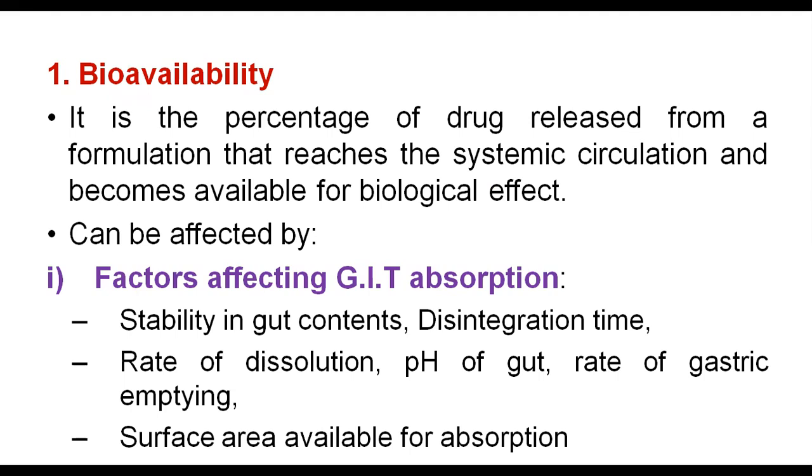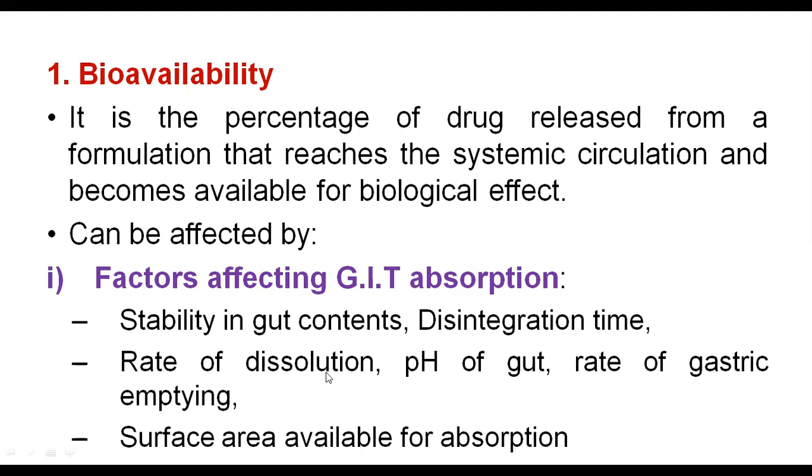Then a certain percentage will be released into systemic circulation in its active form, meaning that the amount of the drug that has reached circulation is what we are referring to as bioavailability. So the percentage of the drug released from a formulation that reaches systemic circulation and becomes available for biological effect, that is bioavailability.